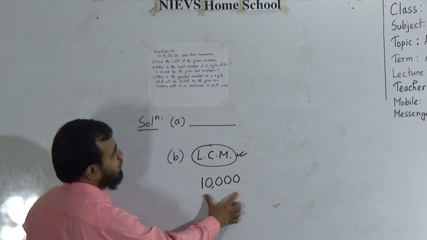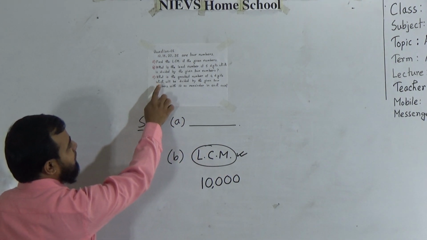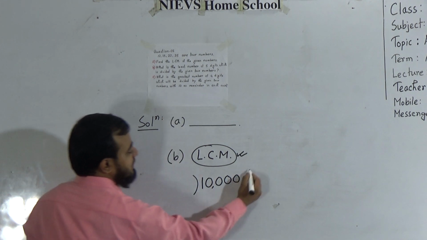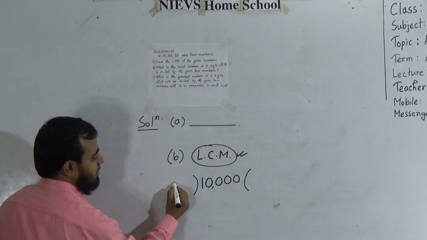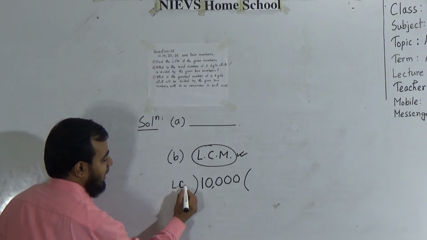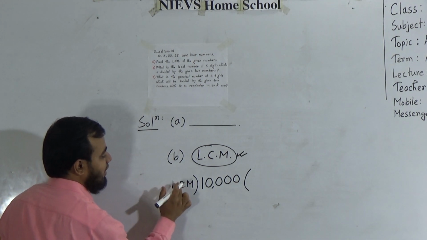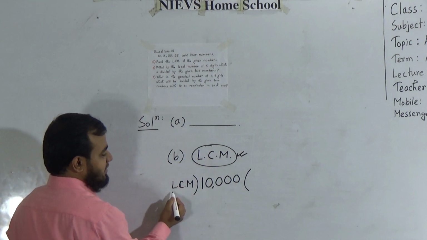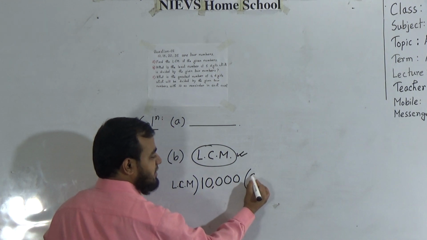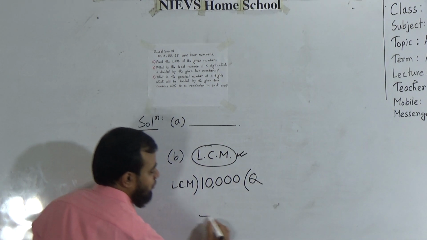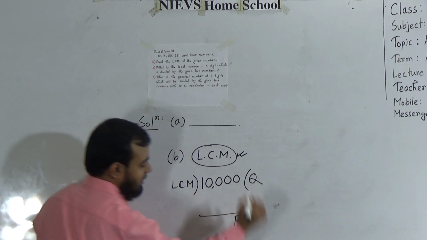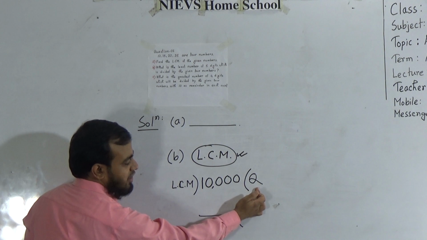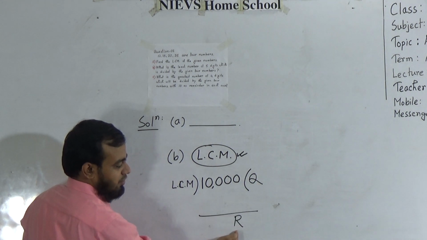Then to find the smallest number of 5 digits which is divisible by all the 4 numbers, we have to divide this 10,000 by the LCM, which we already found in activity A. By this LCM, we have to divide this 10,000. We will get a quotient and we will get a remainder, right?